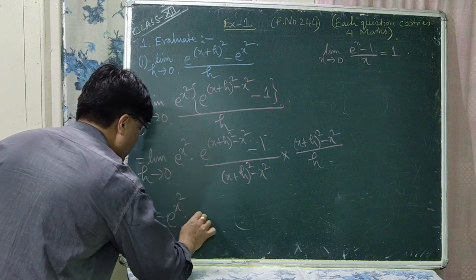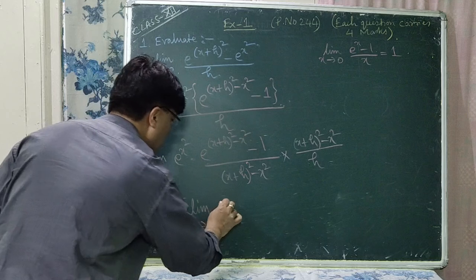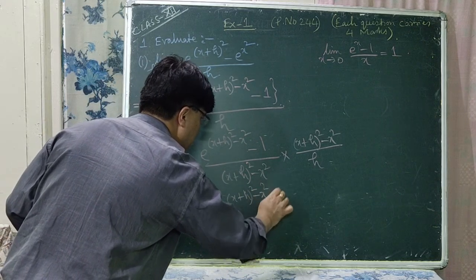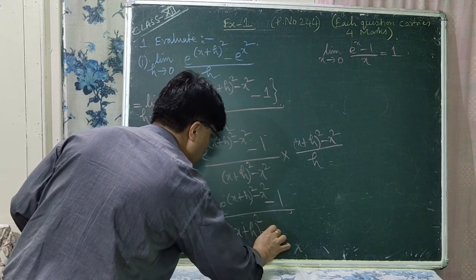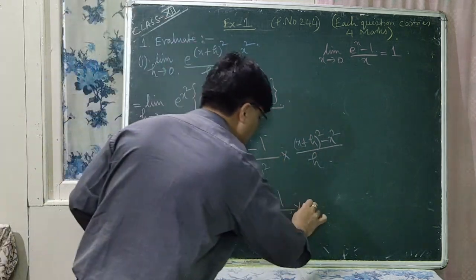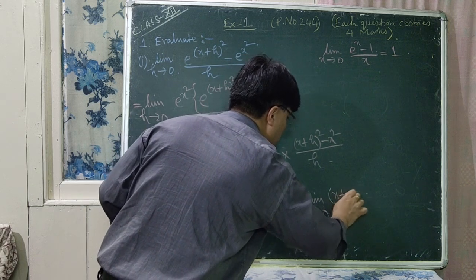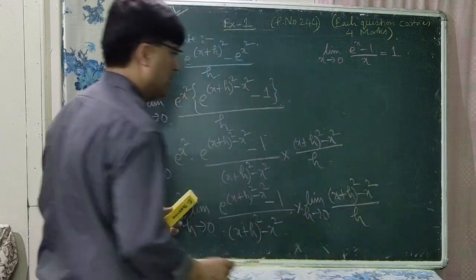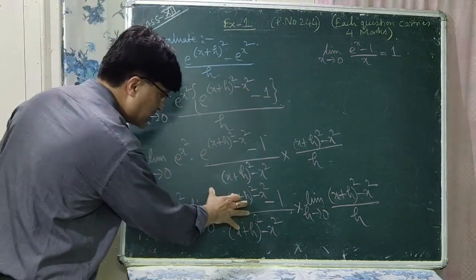So e to the power x square into limit h tends to 0, e to the power (x plus h) whole square minus x square minus 1 divided by (x plus h) whole square minus x square, into limit h tends to 0, (x plus h) whole square minus x square divided by h. Is that clear?